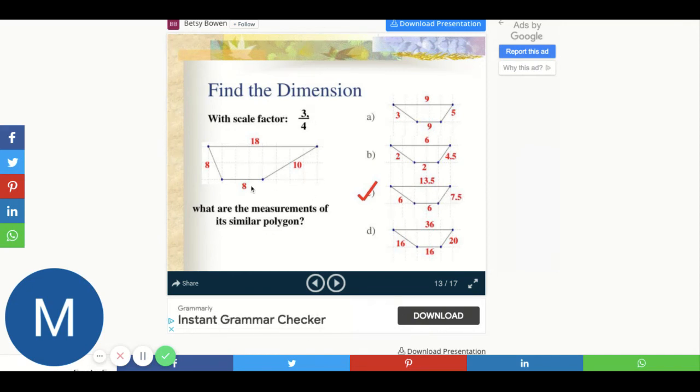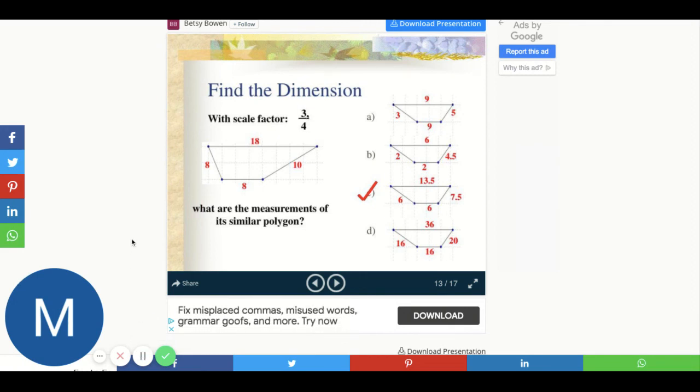Now let's check the others. 8 times 3/4, 24 divided by 4, gives me 6, thus giving us C as the answer. Remember, when given a shape and the side lengths and the scale factor, and the question asking what the new shape is going to be, multiply each side length individually by the scale factor.